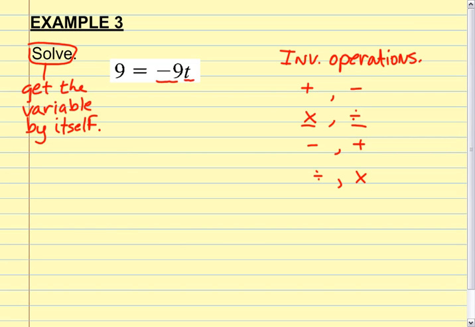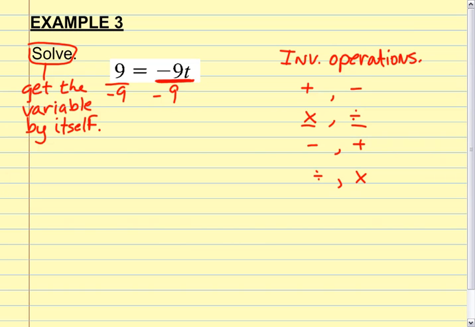So what do I need to divide this side of the equation by? Annabelle? Negative 9. Good. But this is algebra, Carson, which means whatever I do to one side, I have to do to the other. So that means I need to divide this side by -9.